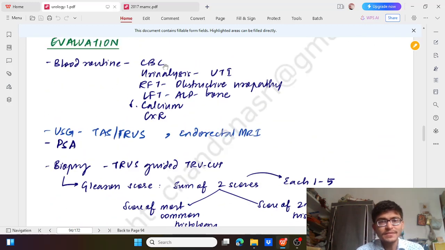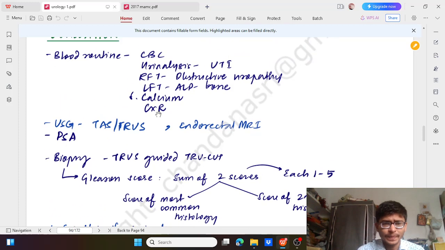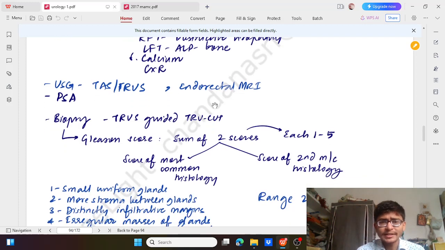For evaluation, we'll have CBC, urine analysis for UTI, KFT for the obstructive uropathy features, LFT, ALP for the bony involvement, calcium and chest X-ray, USG transabdominal or transrectal ultrasound or endorectal MRI.